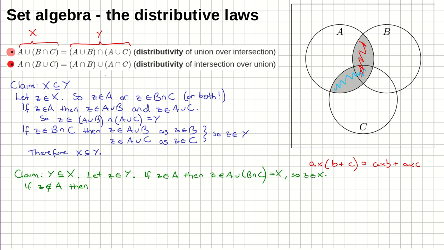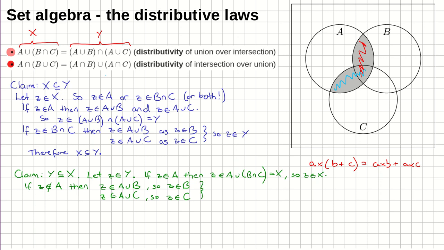Well, you're an element of Y and you're not in A. If you're an element of Y, then you're in the intersection of A union B and A union C. So you're in A union B and you're in A union C. So Z is in A union B. Z is not in A, so it must be that Z is in B. But on the other hand, if Z is in Y, then it's in A union C. And if it's not in A, but it is in A union C, then it must be that Z was in C. Okay, so let's put these last two things together.